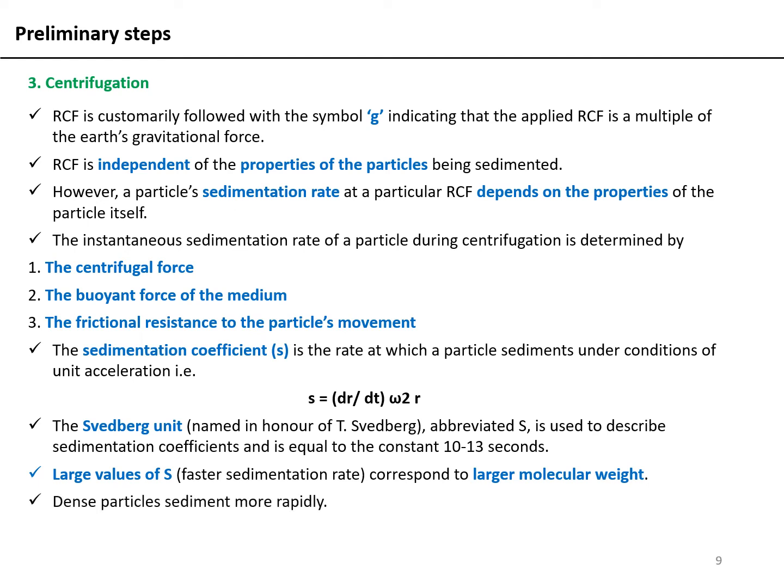Dense particles therefore sediment more rapidly. If you think of the eukaryotic ribosomal subunits, you'd have the 40S subunit and the 60S subunit. So this S actually comes from the Svedberg unit, which is a measure of its density and how fast it will settle down when centrifuged.